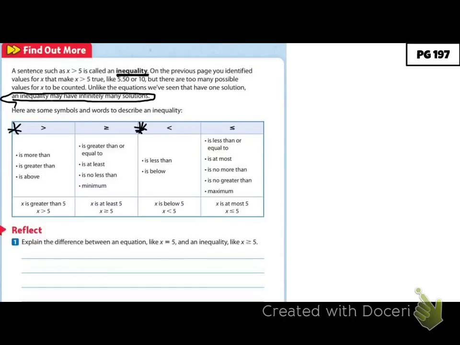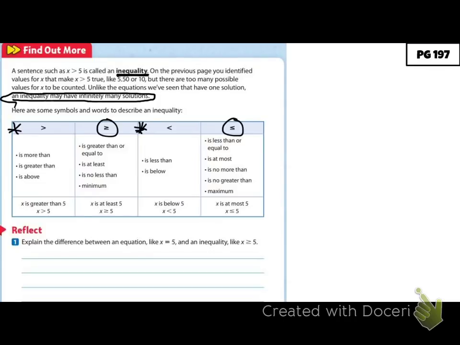Then we have our two newer ones to us, which is greater than or equal to and less than or equal to. So whenever you see greater than or equal to, it might say it's greater than or equal to, it might say it is at least, it is no less than, or it is a minimum of.